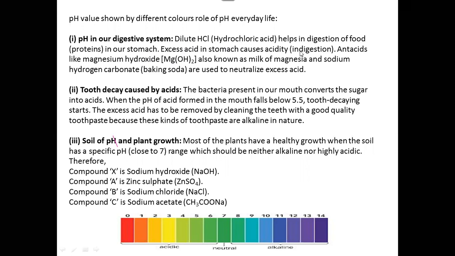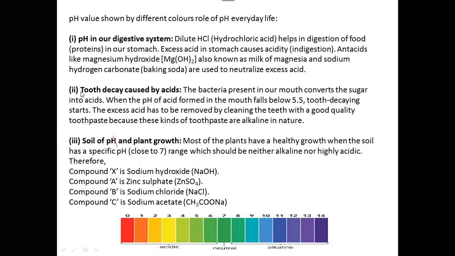But when there is excess acid, which is called indigestion, acidity is created, and this acidity can be neutralized using antacid tablets. Antacid tablets are made up of magnesium hydroxide. This is also called milk of magnesia and can be used as an antacid. Another example is sodium hydrogen carbonate, commonly called baking soda, which is used to neutralize excess acid.